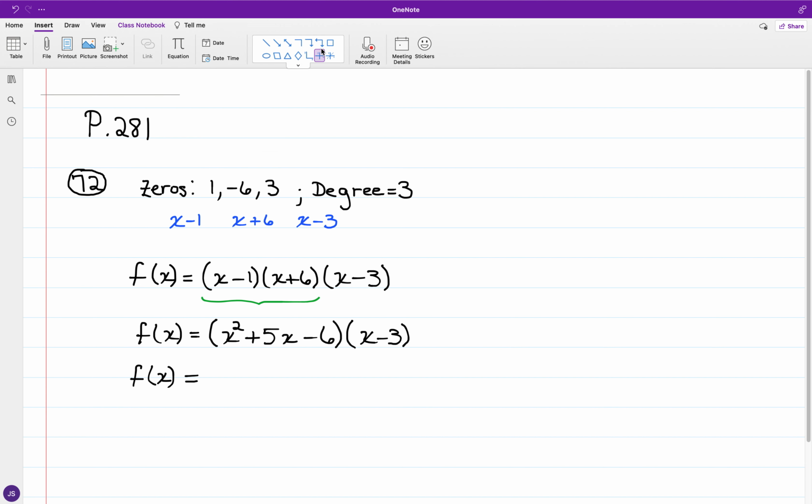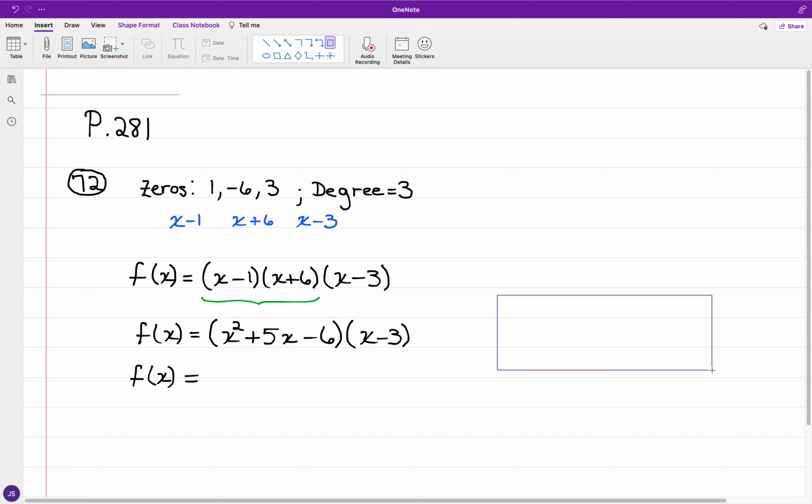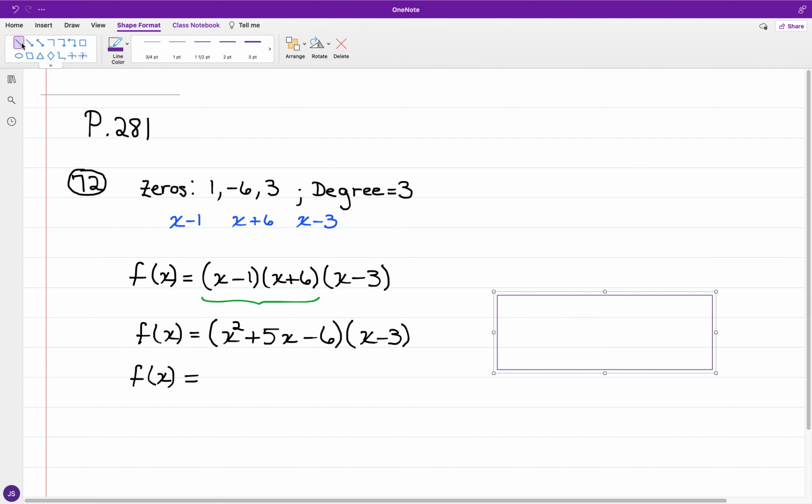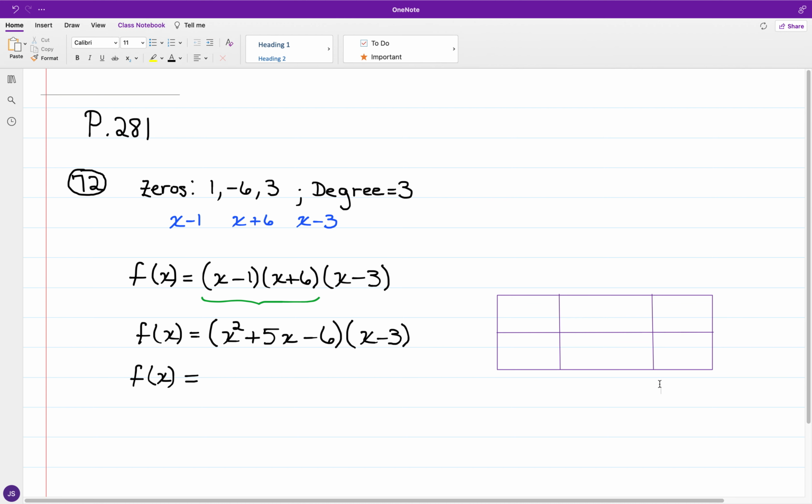I think what I will do is a geometric approach, which is one approach, where we just have terms in row and column formation. It doesn't matter which terms you have for the column headings or the row headings. I'm going to have a 2 by 3 formation, but it could be a 3 by 2.